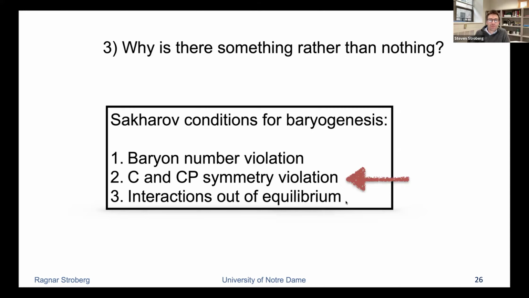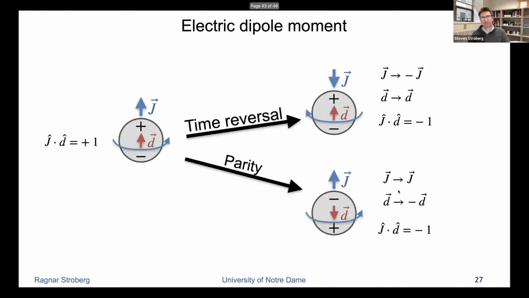So I mentioned neutrinoless double beta decay for the lepton number violation, but then we also want to look for some CP violation. And a nice way to do this is through looking for a permanent electric dipole moment. So why would a permanent electric dipole moment give us that?